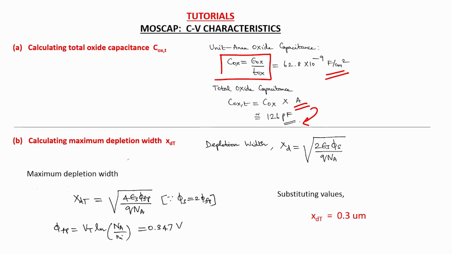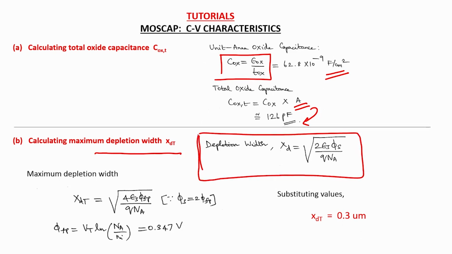And next we move on to calculate the maximum depletion width for the device. You know that the depletion width for the MOS capacitor takes a relation like this, root over 2 epsilon s phi s by QNA. This phi s is the surface potential for the device. At the point when maximum depletion width is achieved, you can recollect from your lecture slides that this phi s takes the value of 2 phi fp.